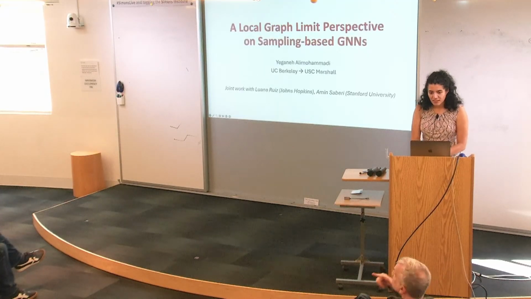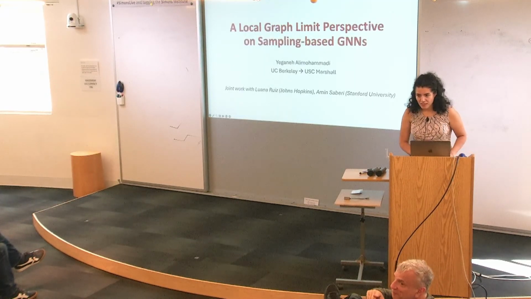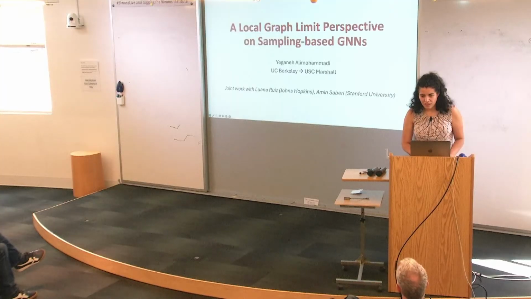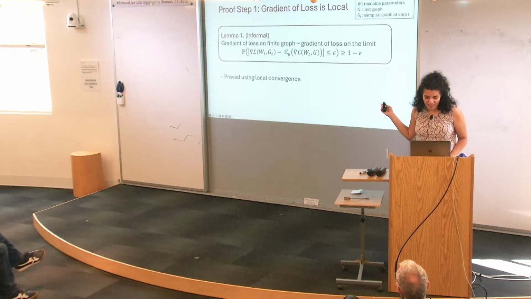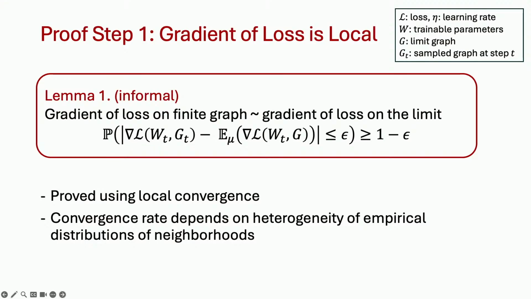Yes. So it maybe relates to the question from the back. If I wanted to get insight into how large my samples need to be, what would I get from what you know about this? The first lemma provides how large the samples need to be, in terms of the gradient of the loss on the small graph versus the full graph.